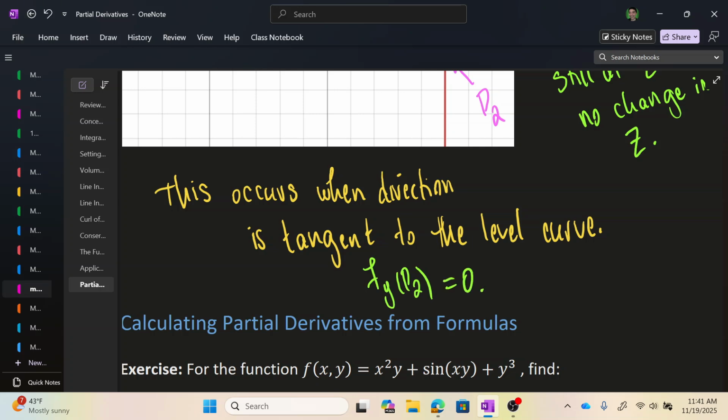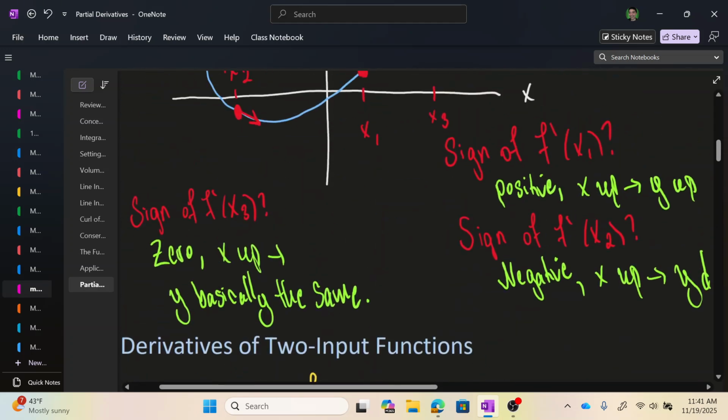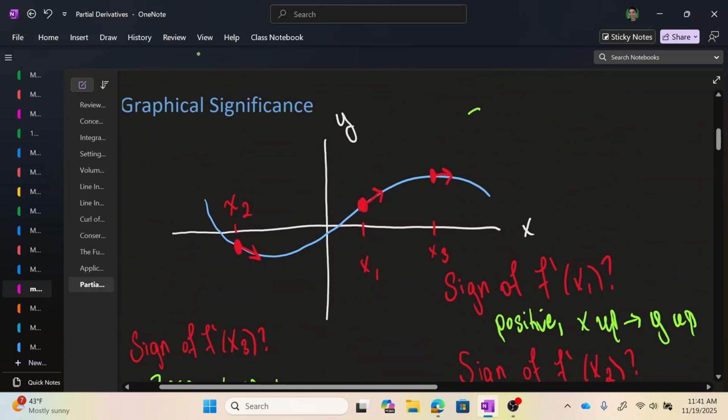When you think about this situation, I want you to be thinking about this case in the single variable world. In the single variable world here, we had a derivative of 0 because a slight movement in the positive x direction, movement to the right, was actually tangent to the curve at this location. So if we move slightly to the right, our outputs basically don't change at all.